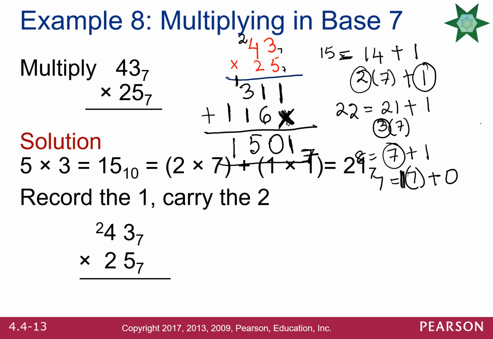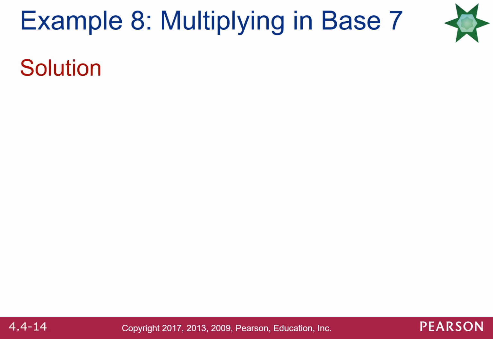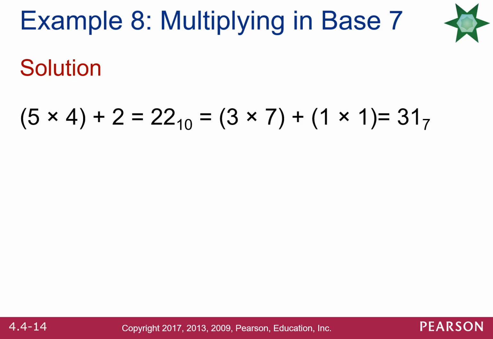So let's go to the next slide and see. Over here they have the 1, and they continue with the solution. Next they multiply 5 times 4 plus 2. 5 times 4 is 20. 20 plus 2 is 22.